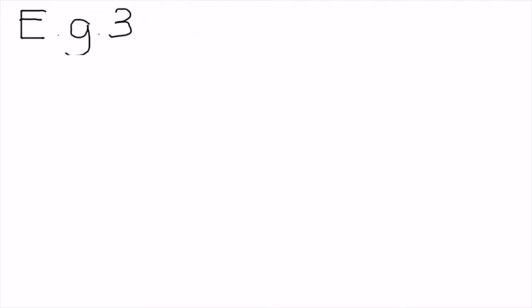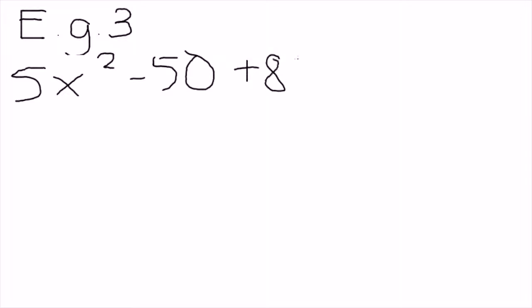You are given the equation 5x squared minus 50x plus 80 is equal to 0. As you can see, there is a common factor between all the coefficients. The highest common factor is 5, so you can factorize this by factorizing the whole equation by 5.